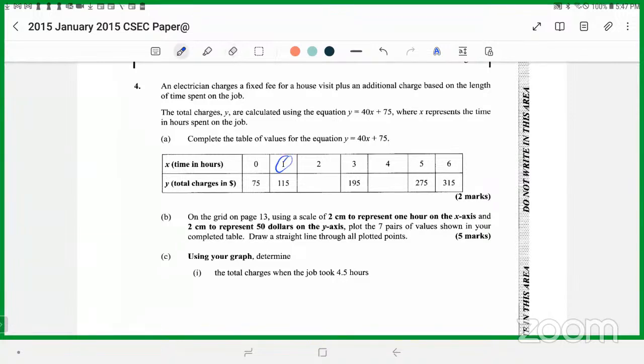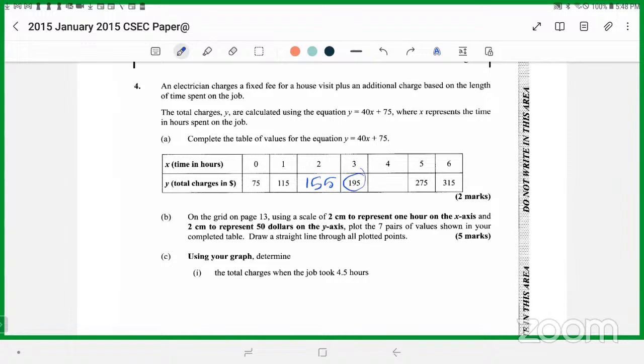So after 1 hour, this is the amount. You spend another hour, so you have to pay another $40. So you're adding 40 to this, so it is 155. If I add another 40 to this, I'm going to get 195. So you see the consistency of it. Then I'm adding another 40 to this.